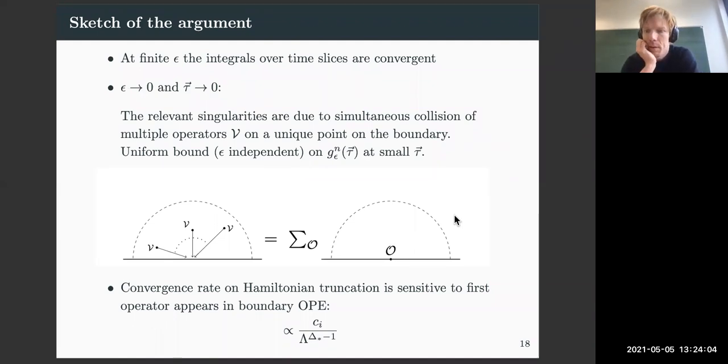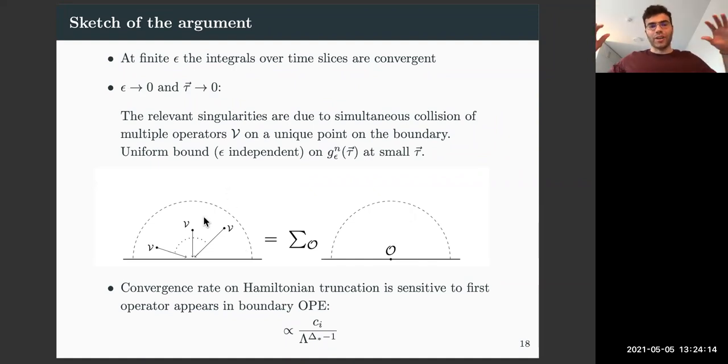That's a good question, because when I was talking, I was fast and put all of the details under the rug. When I was talking about taking epsilon to 0 and all of these tau going to 0, you can have two sources of singularities, right? Some of them are where the operators meet in the bulk, not at the boundary, which is the one you're talking about.